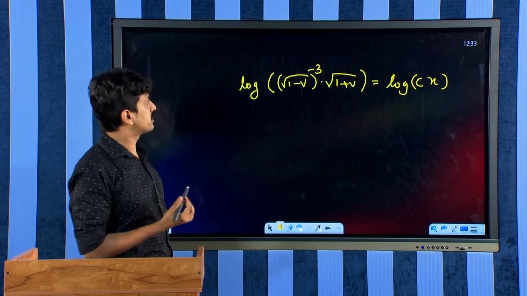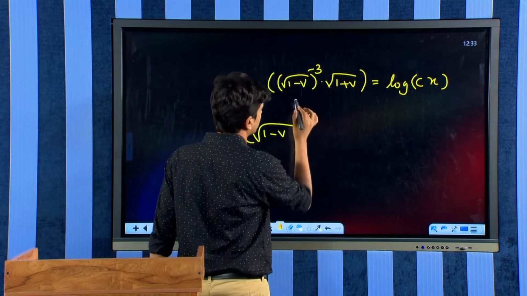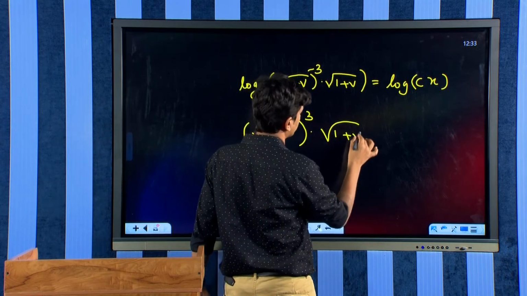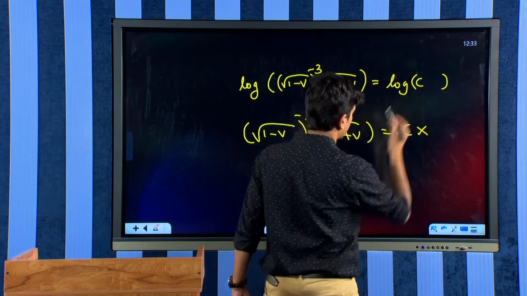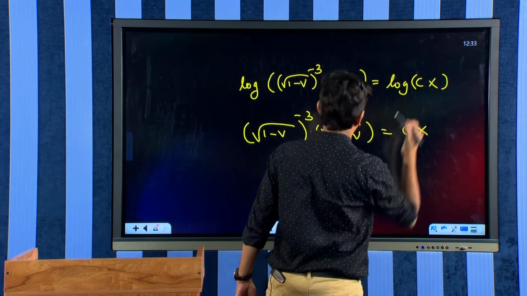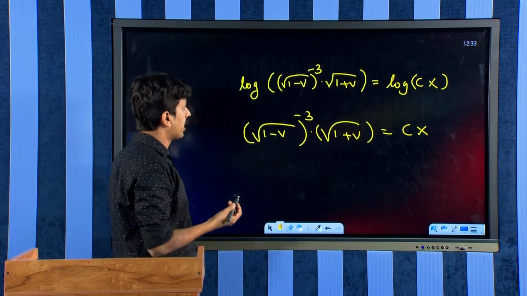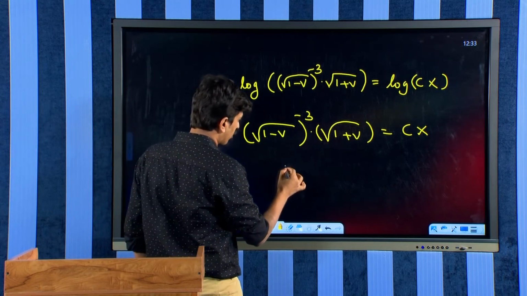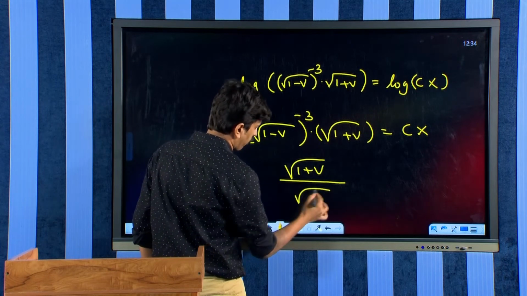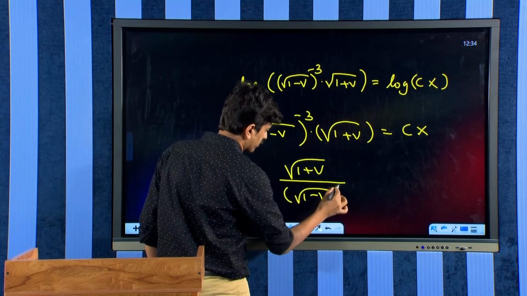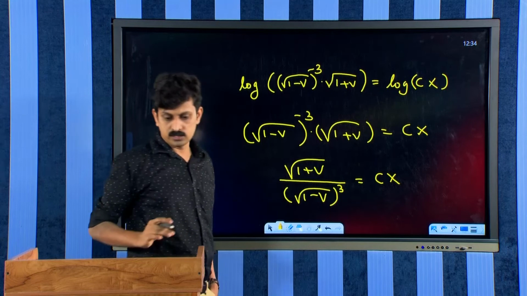Therefore, from here we can write root of 1 minus v whole raised to minus 3 into root of 1 plus v is equal to Cx. So, we can write this as root of 1 plus v divided by root of 1 minus v whole cube, equal to Cx.